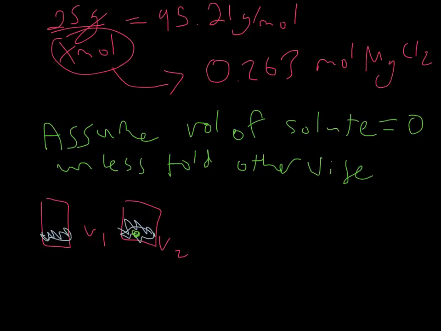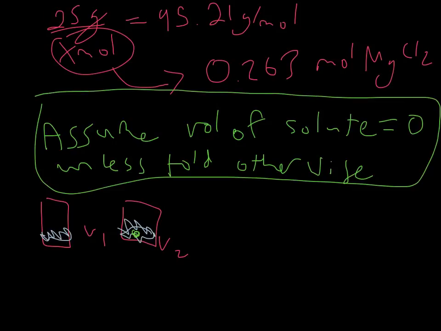But in this case you'd already have the final volume just from looking at it. So again, big rule. This problem does not tell us that there is a relevant, non-negligible volume for this much magnesium chloride, so we're just going to continue solving like nothing happened.